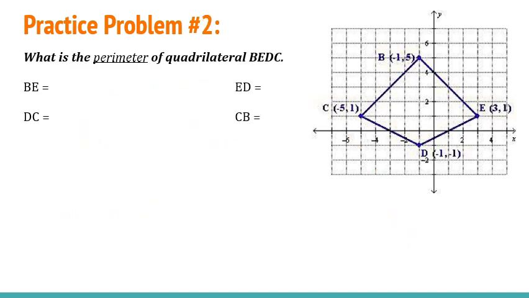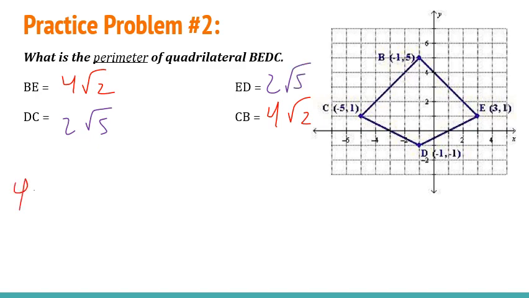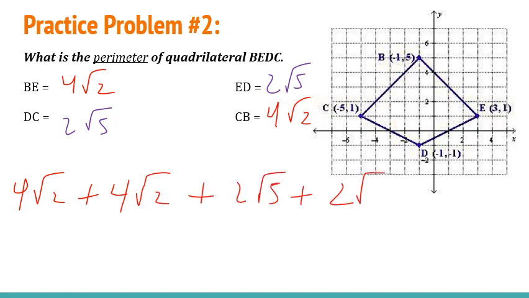Okay, when we know things like that, we can answer questions like, what's the perimeter? So writing down our answers again, BE and CB, those were both 4 square root of 2. And then ED and DC were both 2 square root of 5. So if we were going to add all those numbers up, 4 square root of 2 plus 4 square root of 2 plus 2 square root of 5 plus 2 square root of 5.